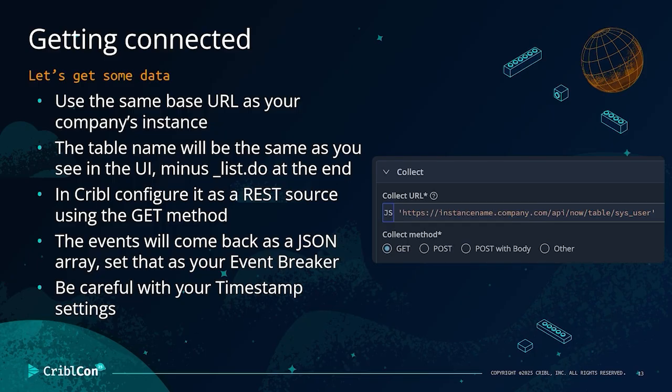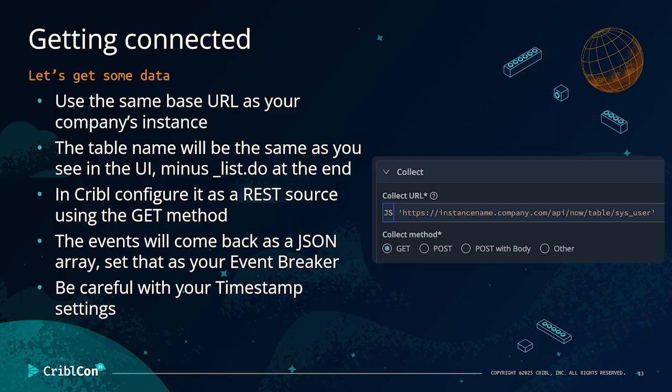So if you were looking at the sys_user table, it would be sys_user_list.do. That's just the UIism that displays it within the web page. So strip that off, because that's a very common mistake when people ask you, hey, pull data out of this table. They give you the whole URL. And if you try to request that _list, it comes back with a 400 bad request. So take that off of there. That gives you the name of the table.